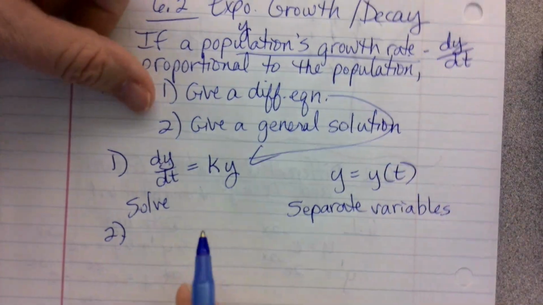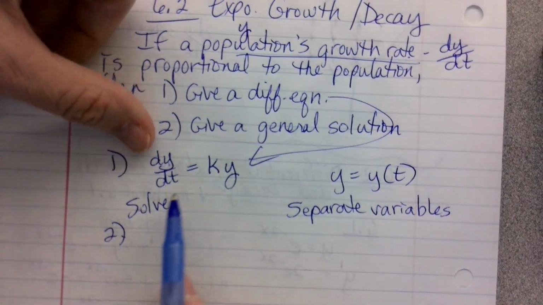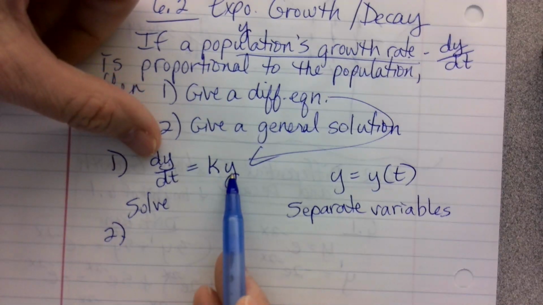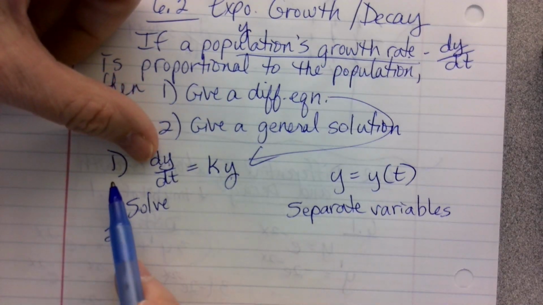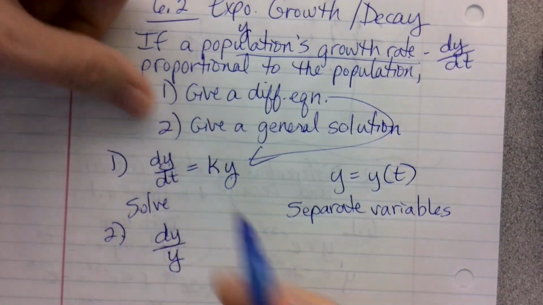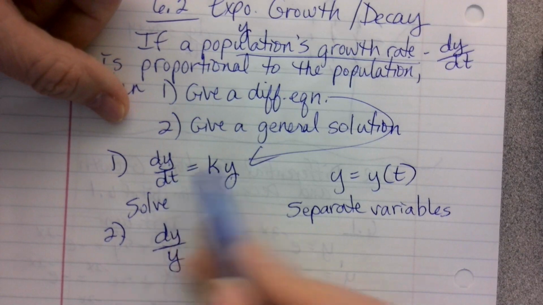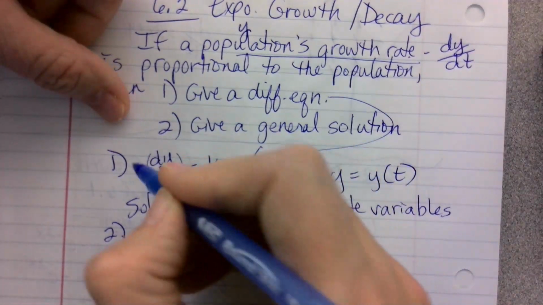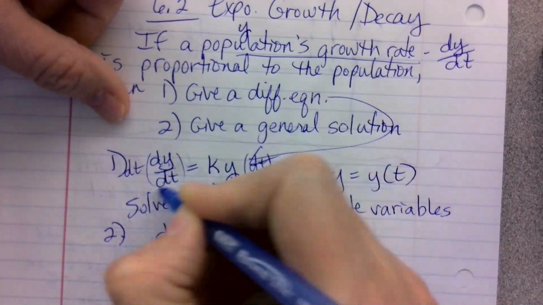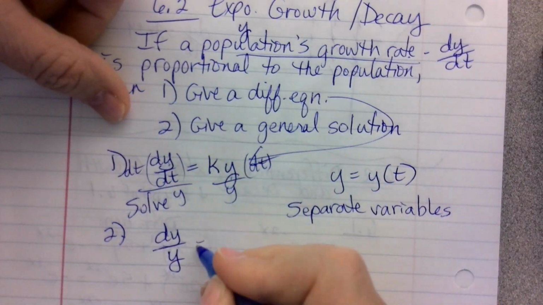In other words, get all y's on one side and anything with t's on the other. Well, the y over here, how would I take it to the left? Divide. How would I get the t part to the other side? Multiply by dt, right? So I divided by y, and I multiplied by dt.